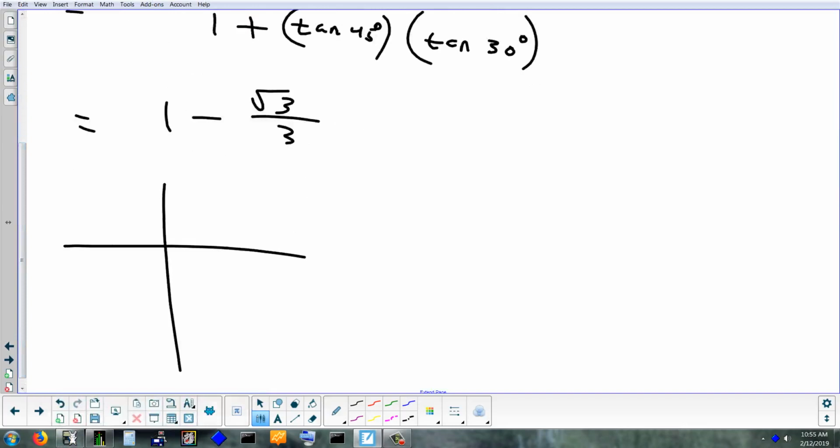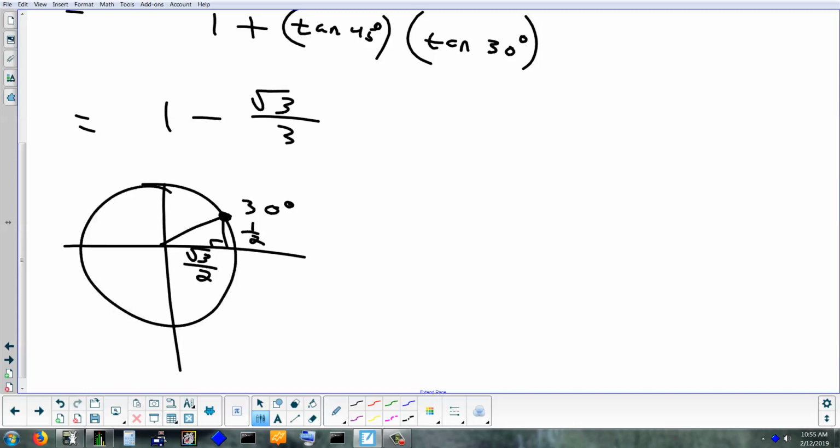I mean, I can do it pretty quick, but you'd draw your circle, you'd mark 30 degrees, you'd make a triangle, and in a 30, 60, 90 triangle, you would have to know that the short side is a half, and the long side is root 3 over 2, and the hypotenuse is 1. So tangent of 30 degrees is opposite over adjacent.